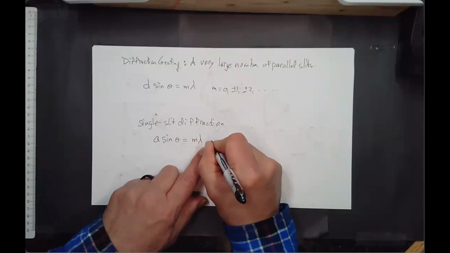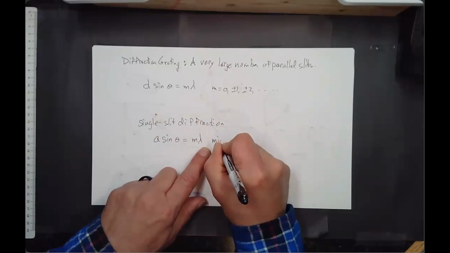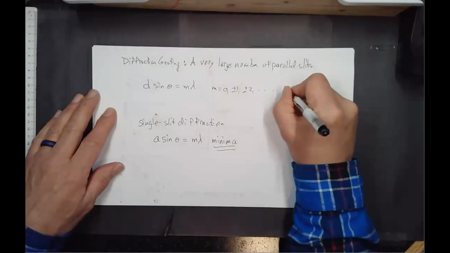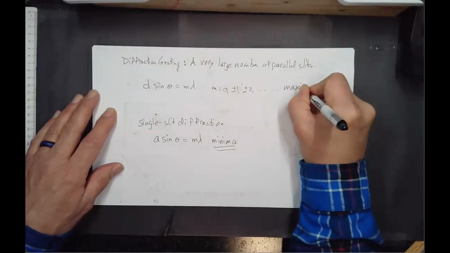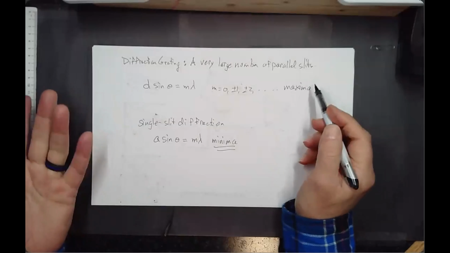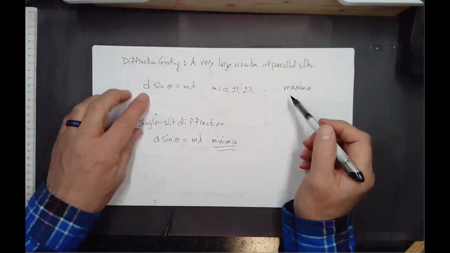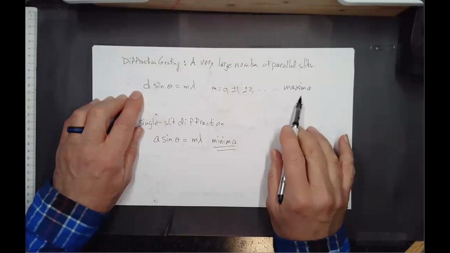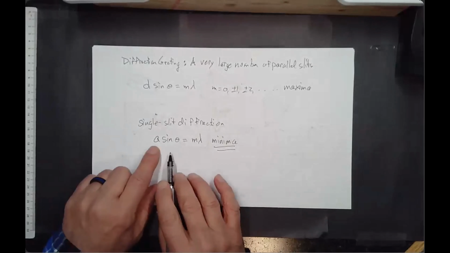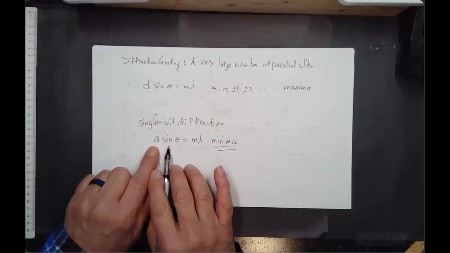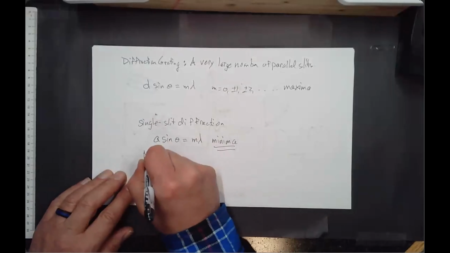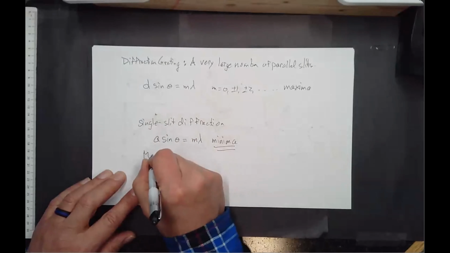This was where minima occurs. Okay, this is maxima up here. And that's the case for a diffraction grating. It's also the case if you just have a 2-slit pattern or a 3-slit pattern or something like that. We get the maxima showing up here. But with the single slit diffraction going on, we get minima here. However, if you look at this, what if you make a extremely narrow, as it will be in a diffraction grating?